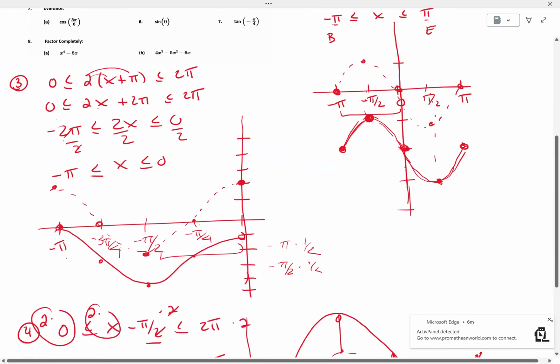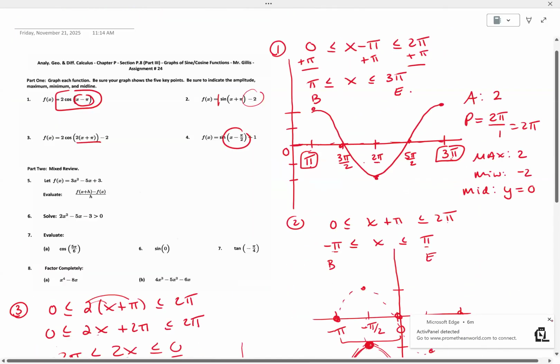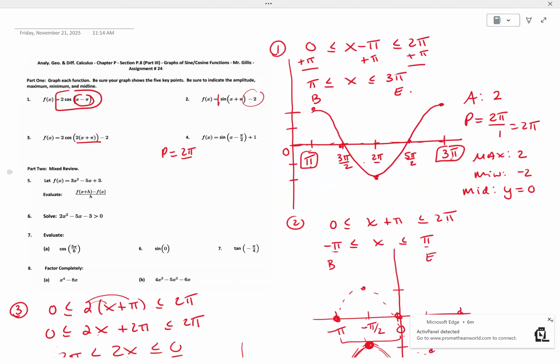So in this one here, the period is 2 pi divided by b, and b is the number in front of x. So that's just a 1, so the period is 2 pi. The amplitude is y equals 1. It's the constant. I'm sorry, no. The amplitude is 1. But I looked at the wrong one.